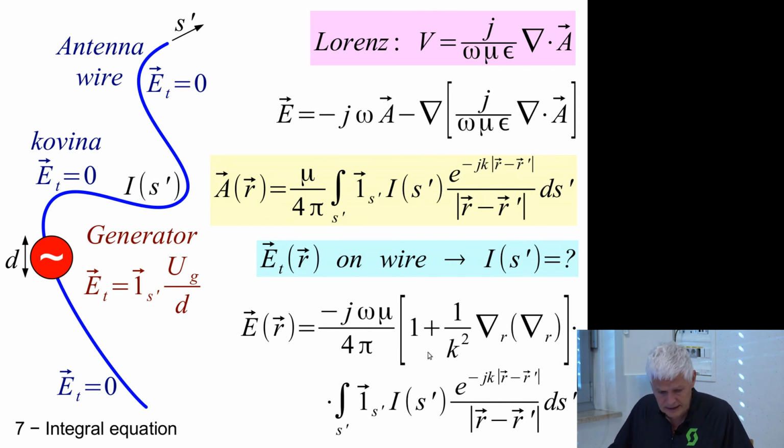We would like to get a solution for any shape of wire, maybe not just a single wire, maybe many wires, maybe a mesh or a grid made from wires, and so certainly we cannot expect to have sinusoidal distributions of currents over there. We cannot guess them. We cannot solve this thing analytically. What we can do now is use numerical methods.